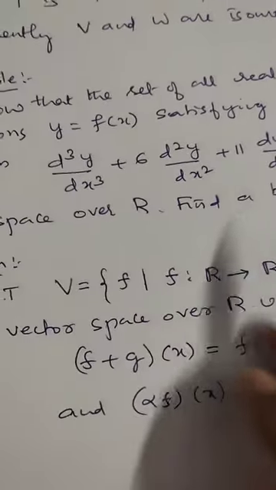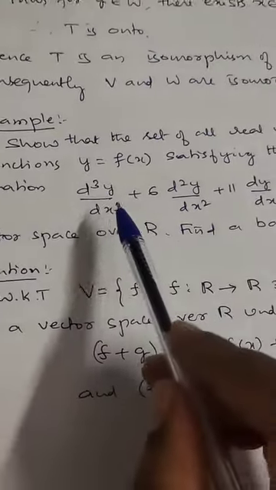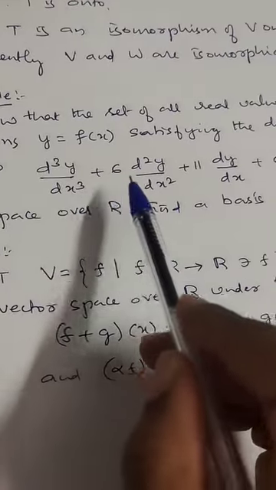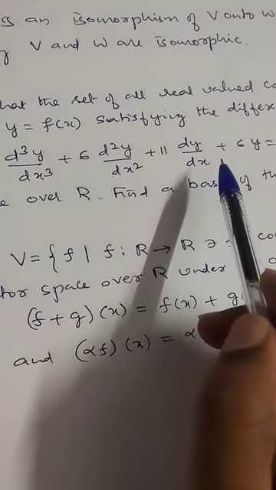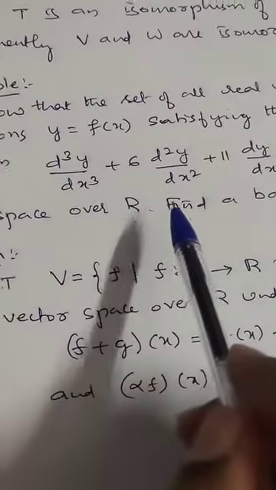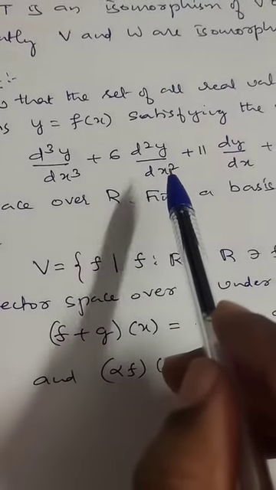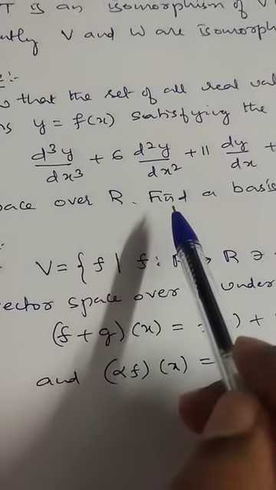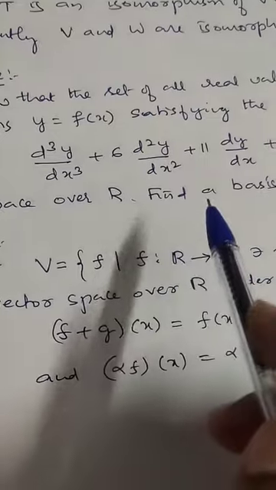Means we have to show that the set of all solutions of this differential equation is a vector space, and we need to find a basis for this vector space.